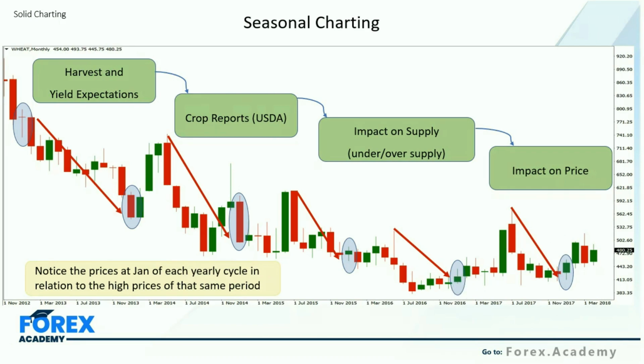So just to give you a bit of a practical example of seasonal charting and how charting can be used by those that are wanting to take a seasonal approach to certain markets.